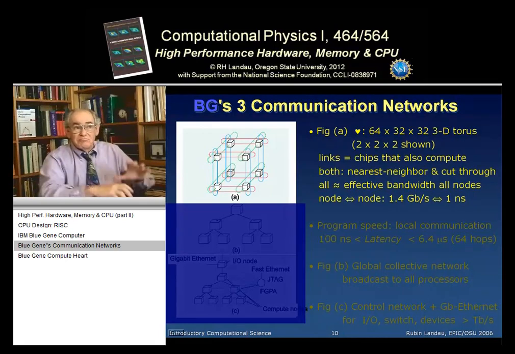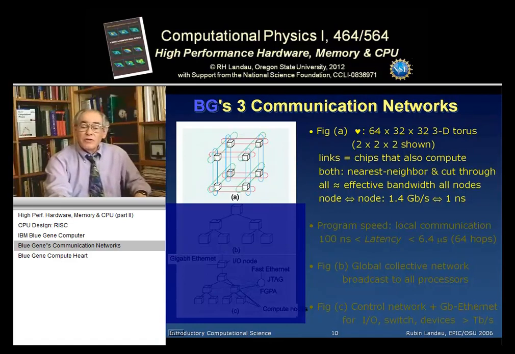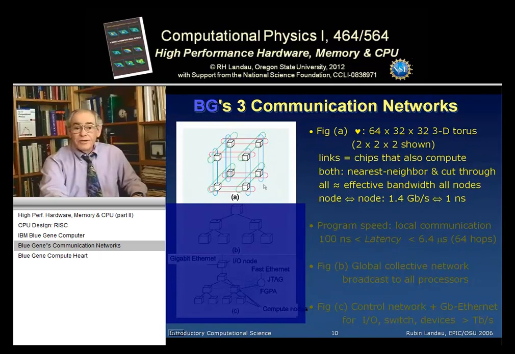So this is in space in 3 dimensions, and a torus is like a donut. So it's a way of wrapping the wires together to connect all the different computers. So here in the diagram, we have a 2 by 2 by 2 torus hooked together with the blue, red, and green wires, and that's the toroidal configuration. Okay, and that's the heart.